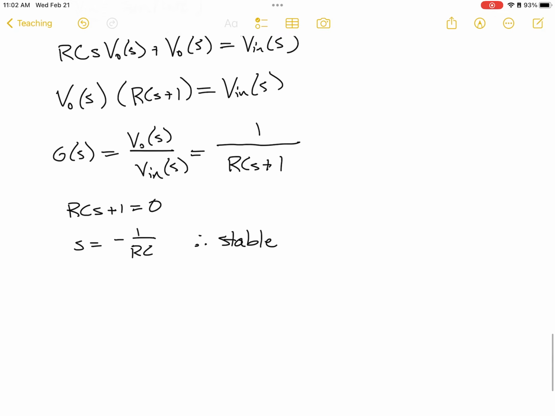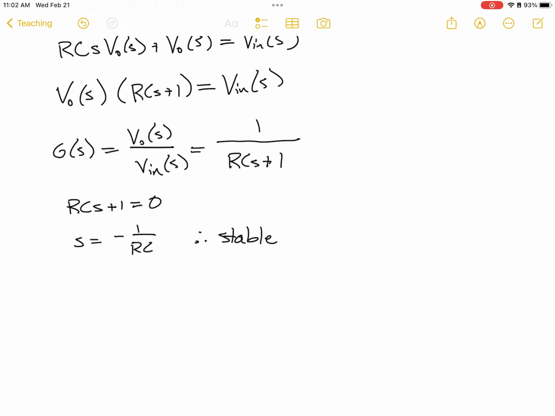And at this point, we can plug in S equals J omega wherever we see S in the transfer function, and that's going to give us our sinusoidal transfer function, where we have 1 over RC J omega plus 1.